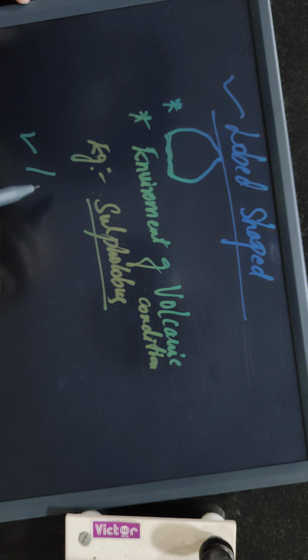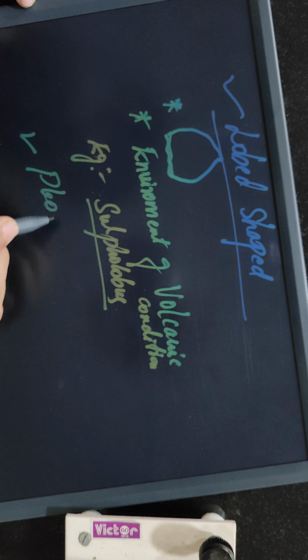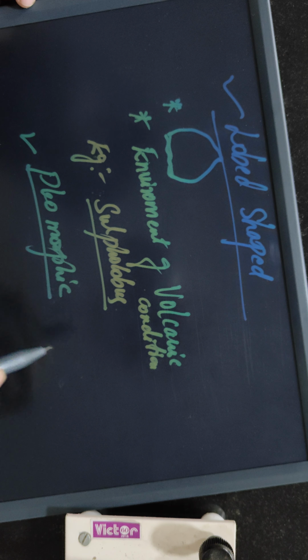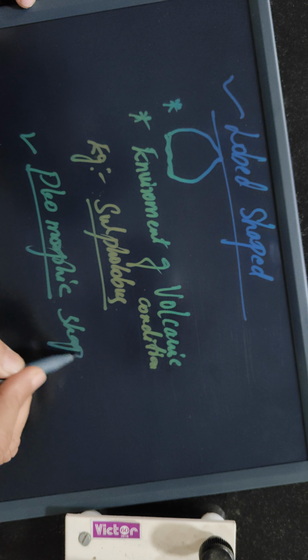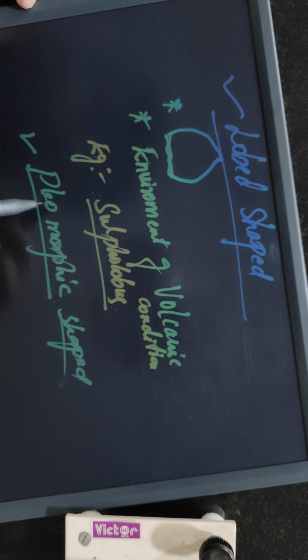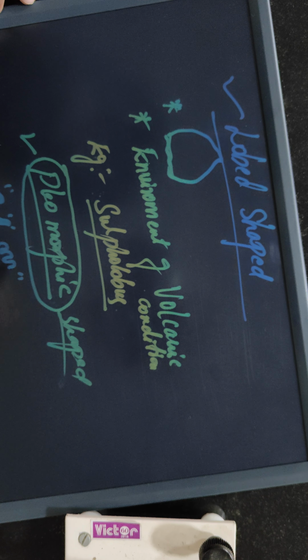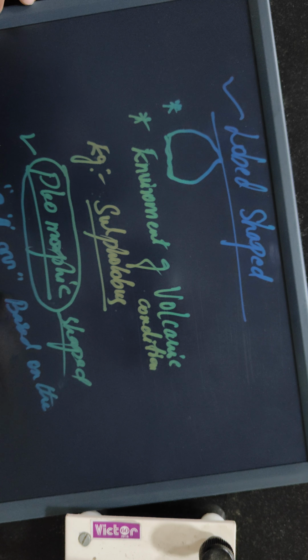And also you have pleomorphic shape, which means, the name itself indicates, it keeps on changing the shape. If it is spherical, sometimes it will be rod, sometimes it will be spherical, based on the environmental conditions.